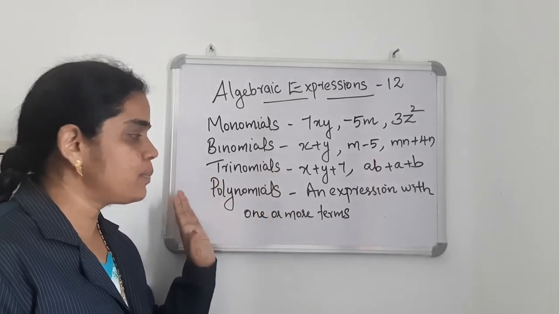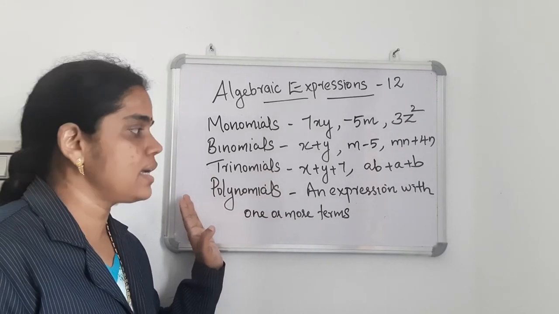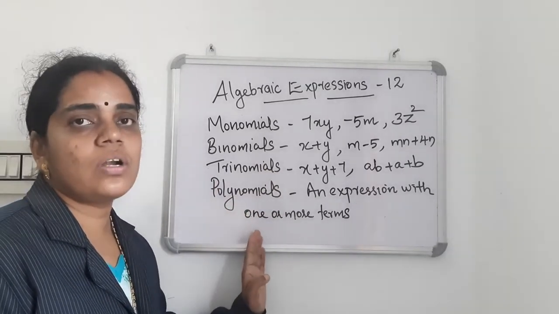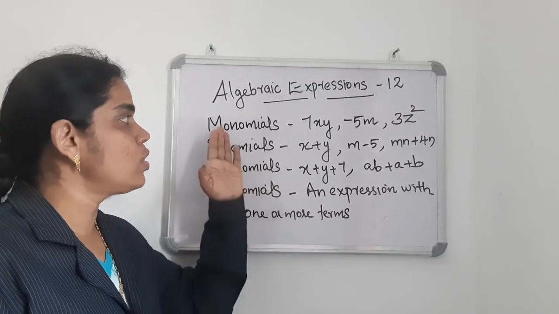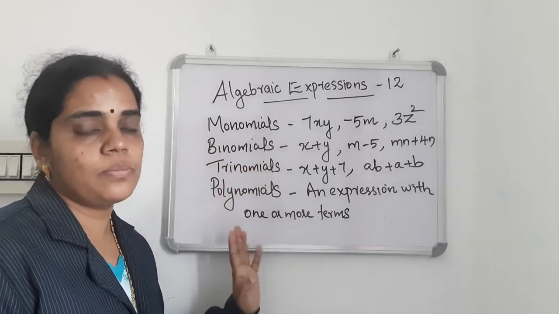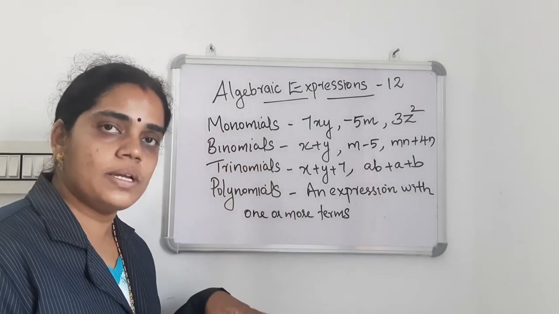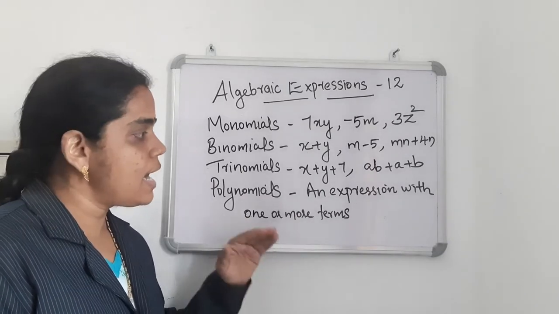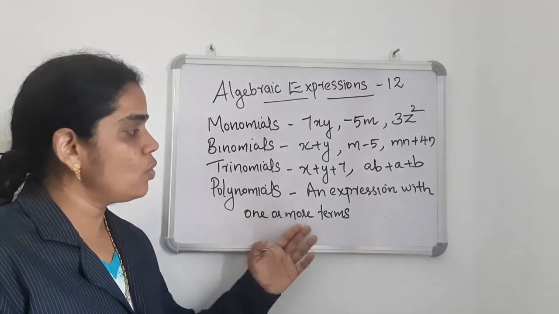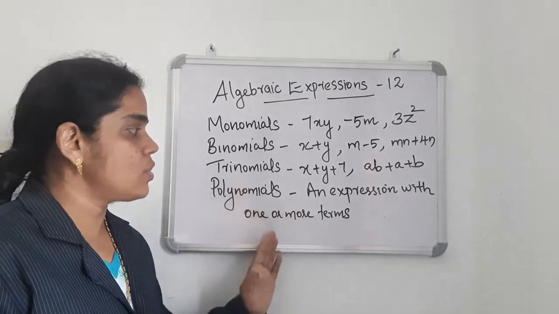And polynomial is the general case, an expression with one or more terms. So monomials, binomials, trinomials are all polynomials, with one or more terms. That is known as a polynomial.